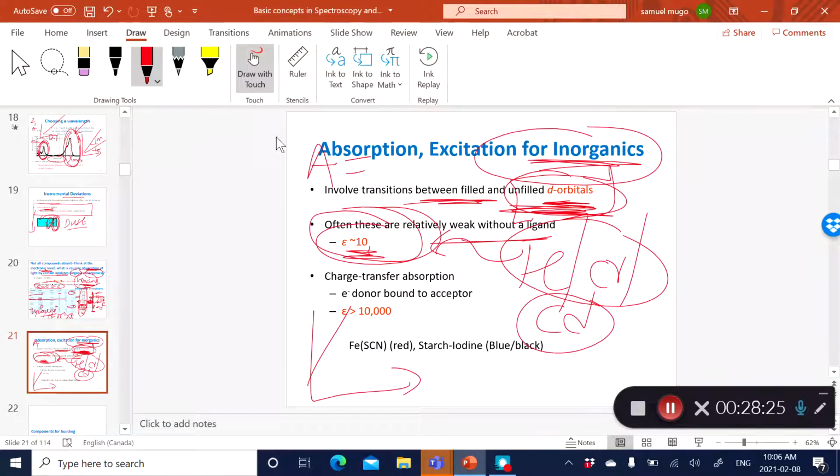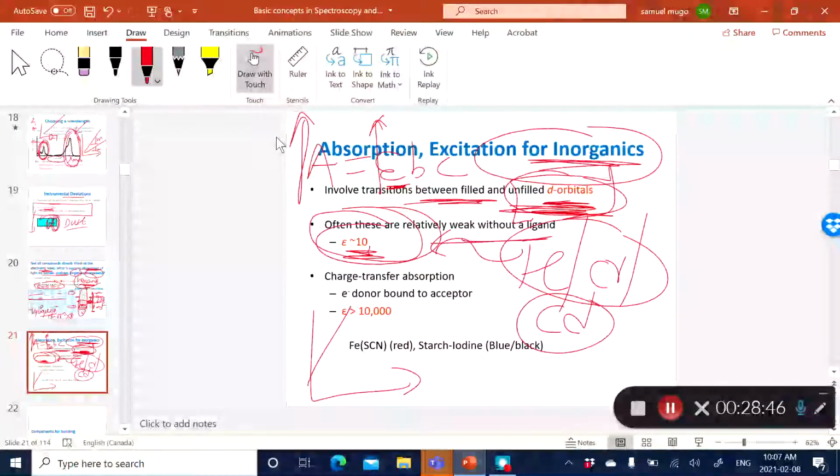The absorbance is linearly proportional to the molar absorptivity, so you want a very high molar absorptivity to have a very high absorption. And so to increase the sensitivity, typically we would chelate these inorganics with a ligand.